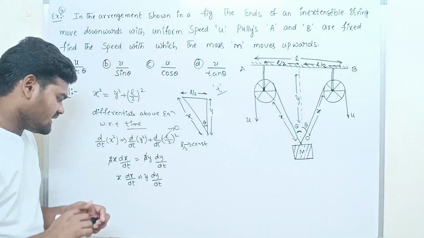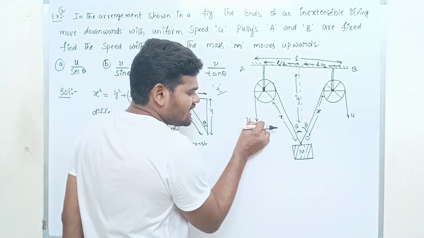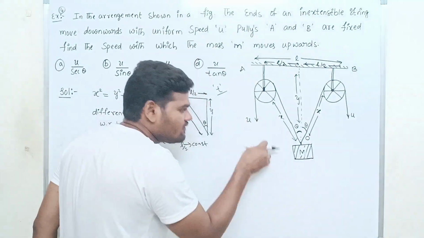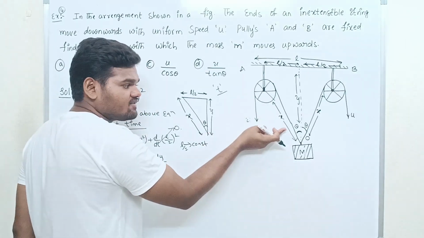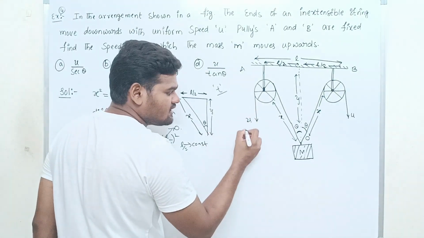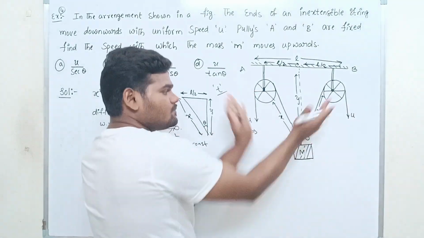Okay, right. Sir, what is dx by dt and what is dy by dt, sir? Have a look. Whenever we apply the uniform velocity in the downward direction, what is the change in the displacement of the object? u is the change in displacement x on both sides.